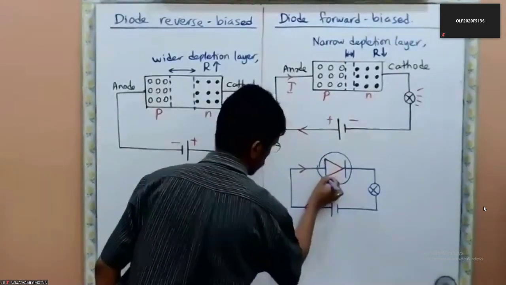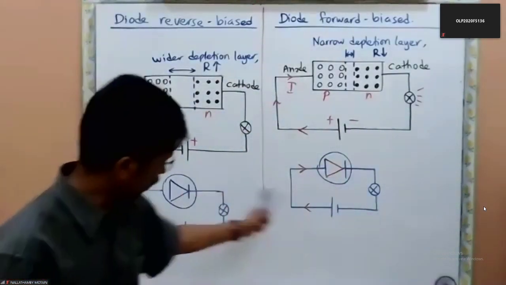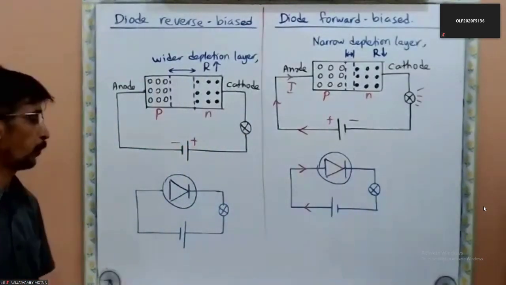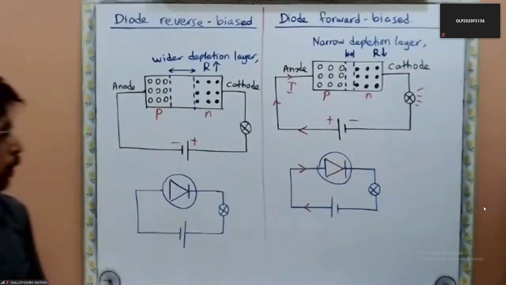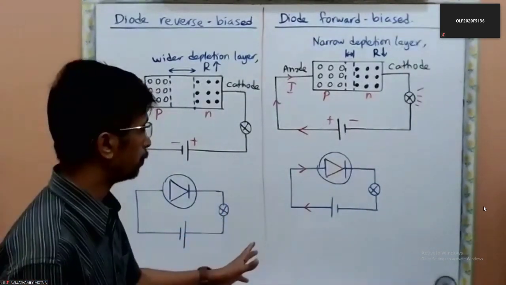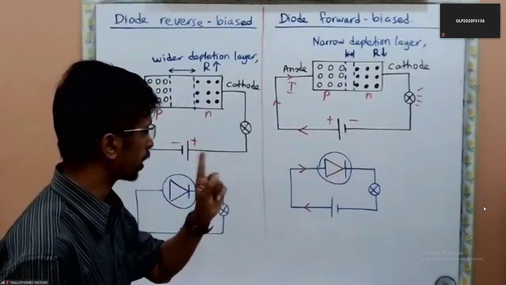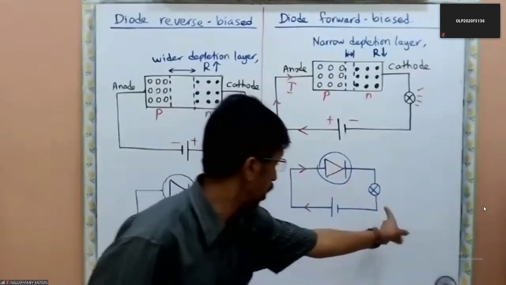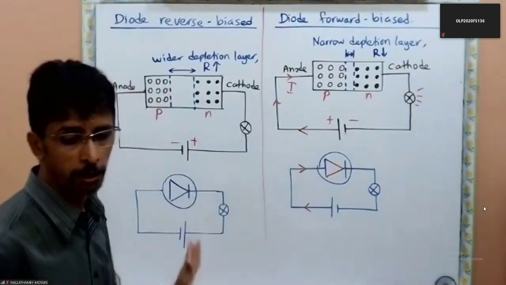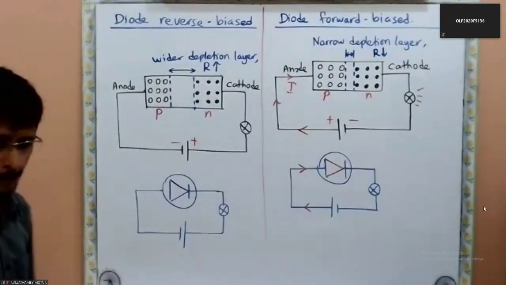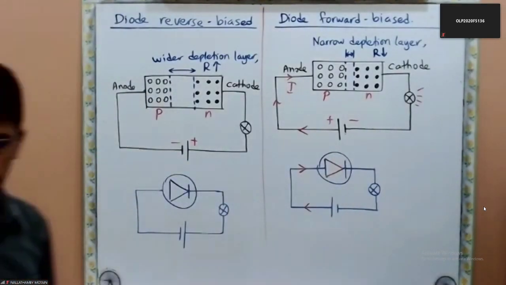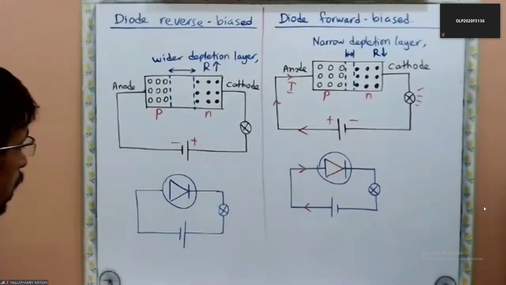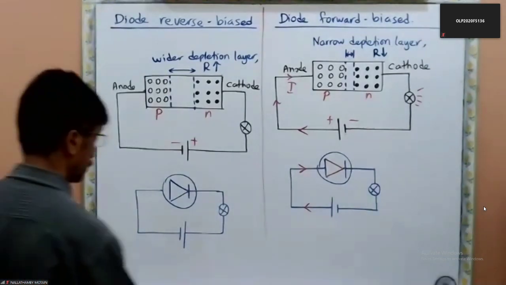Same direction, right? So current can flow. This is the part where it will let the current flow. So that means from these situations, we know already that the diode only allows the current to flow in one direction, one way. Cannot flow in the opposite direction. Only one way. Okay, the diode lets the current flow in one direction only.